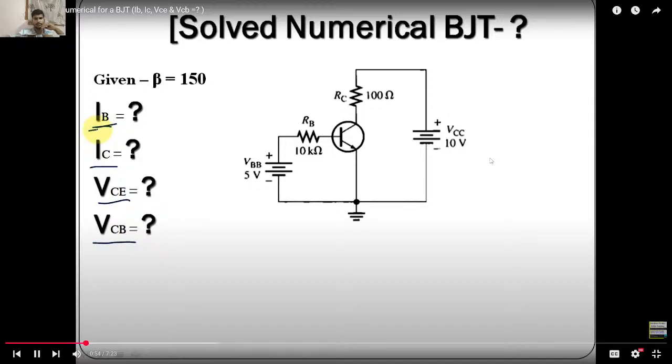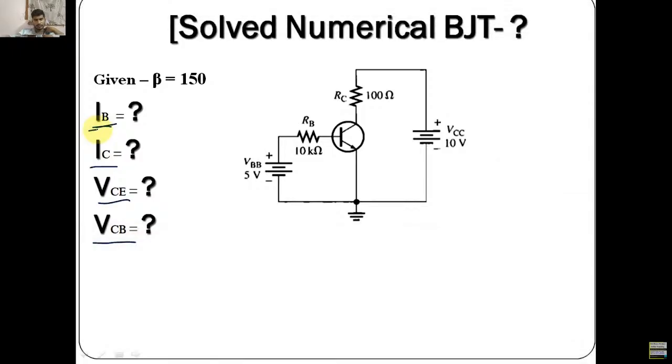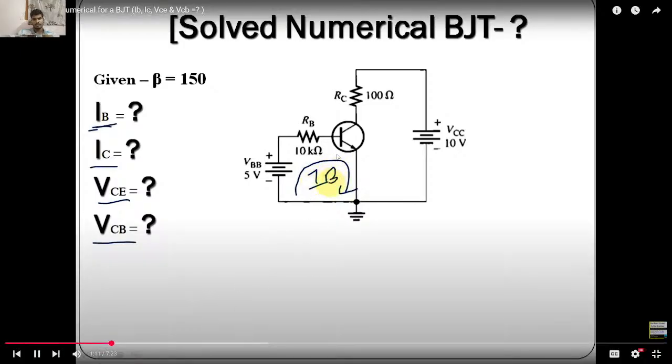So you can see here, let us say you are going to do the KVL analysis on this loop. Okay, so let us say the current flowing through this loop is IB. Okay, so now this current you have to find, right? IB. So let us apply the KVL on this loop. This is, let's say, loop number first.